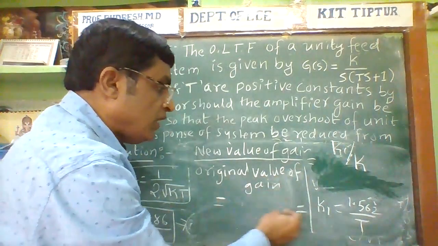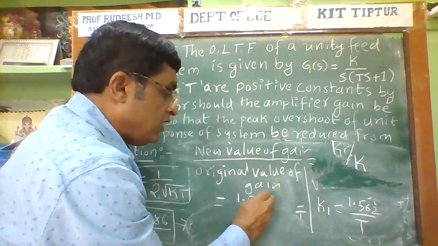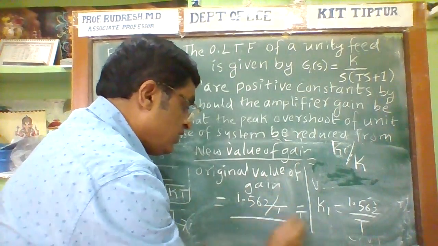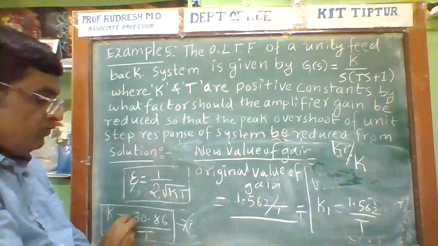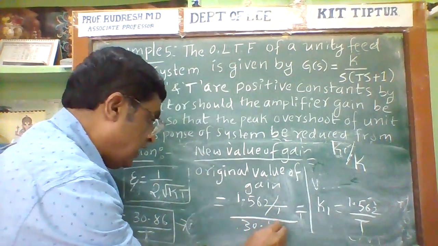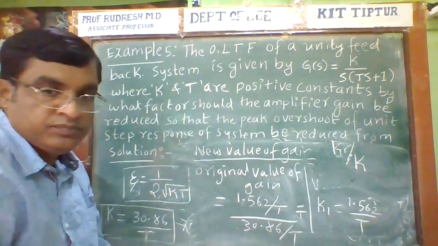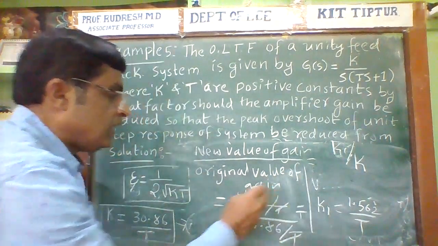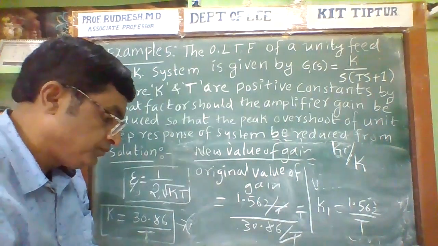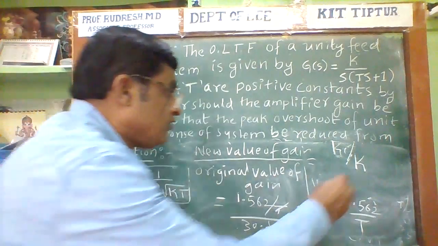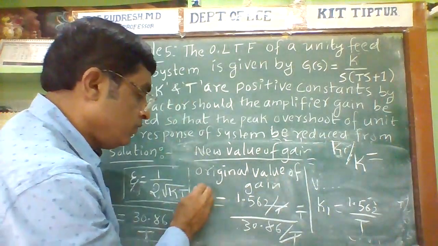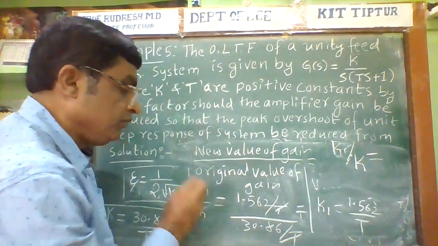The K1 value is 1.562 divided by T, and the original value of gain K is 30.86 divided by T. Now T gets cancelled.